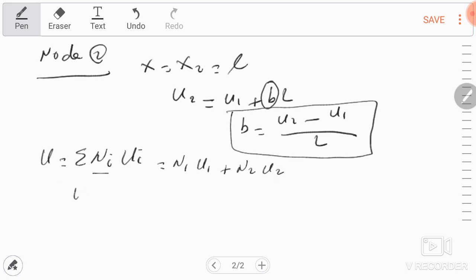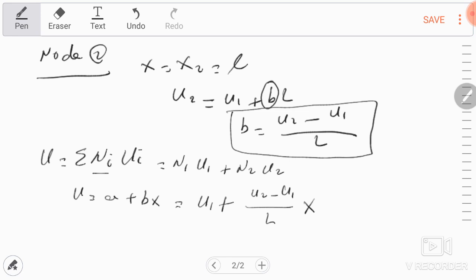However, u equal a plus bx equal u1, just substituting from the previous slide, u1 plus u2 minus u1 over L times x.